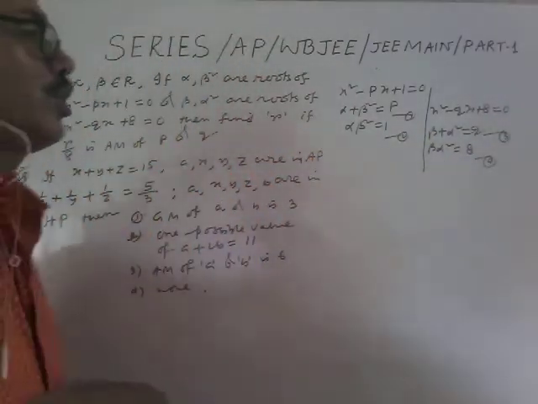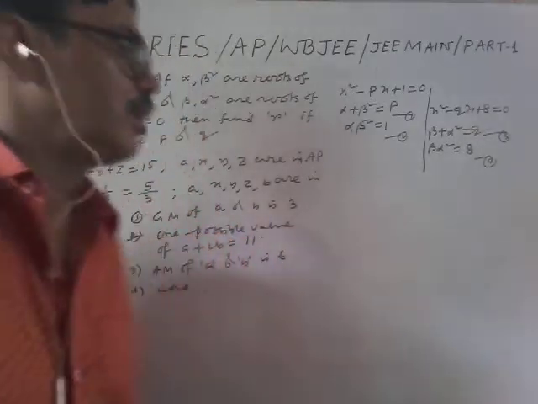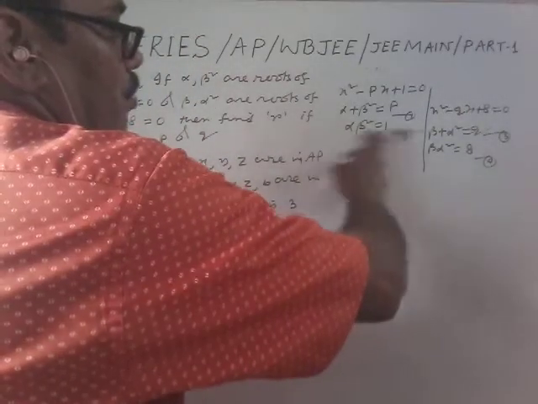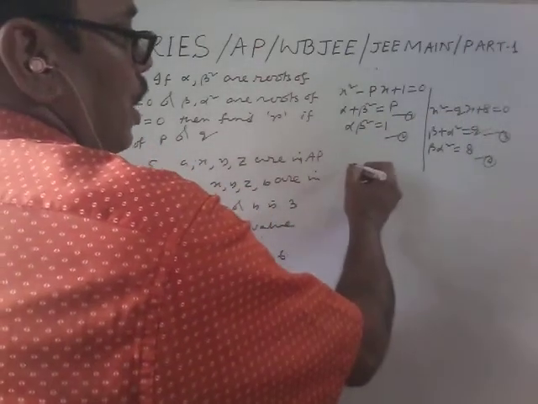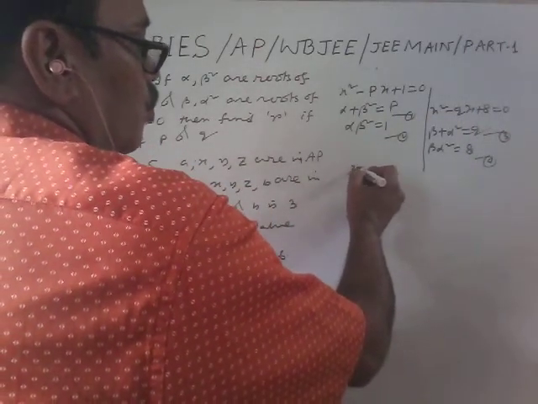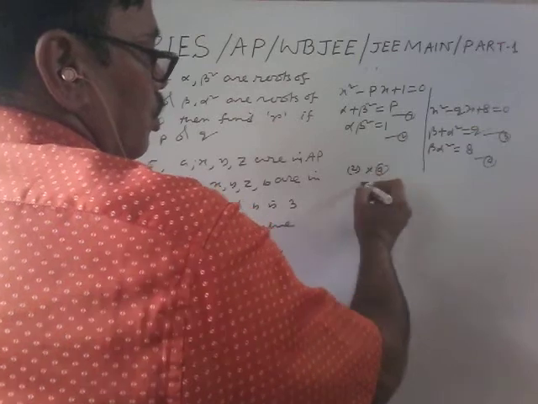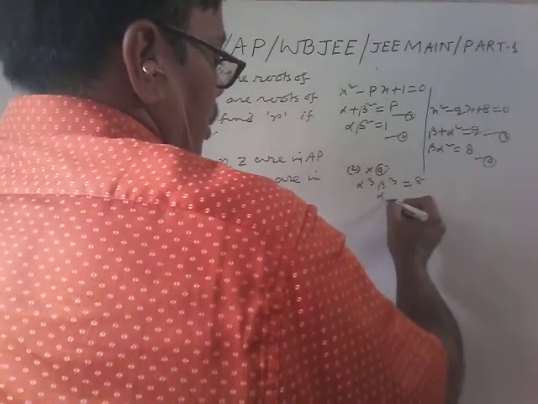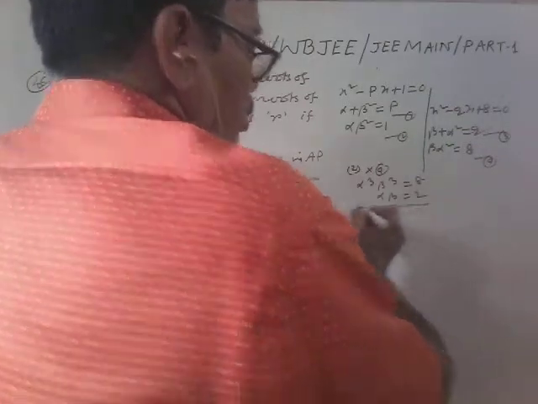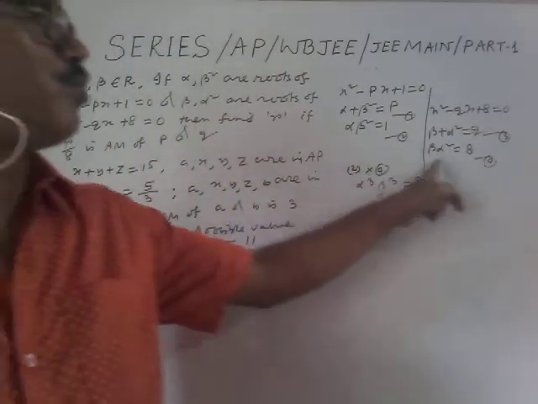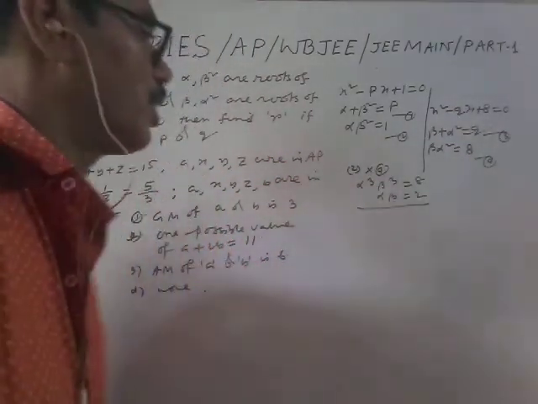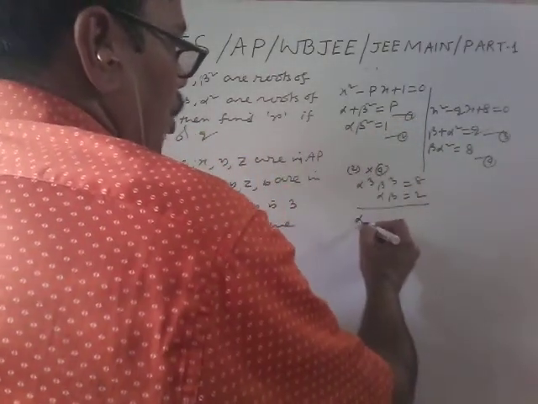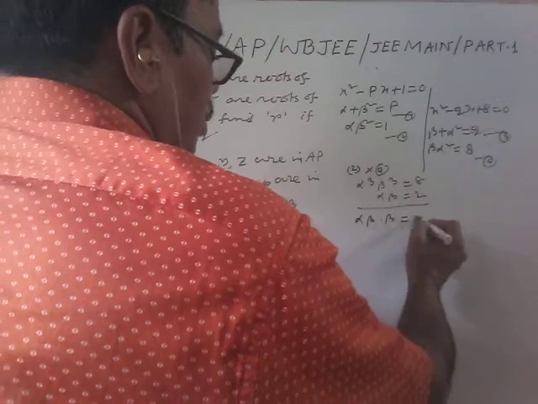Now we have to find the unknowns alpha, beta, p, q. So if we multiply 2 into 4, look, alpha cube beta cube equals 8. So alpha beta equals 2. Now if alpha beta is equal to 2, alpha beta into beta equals 1.